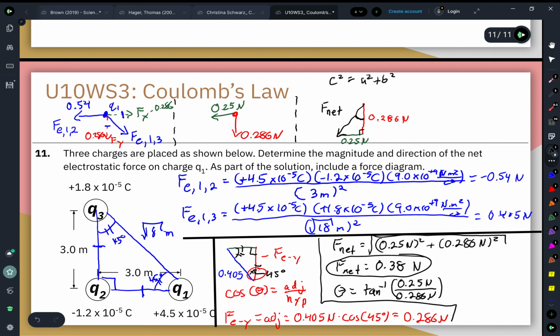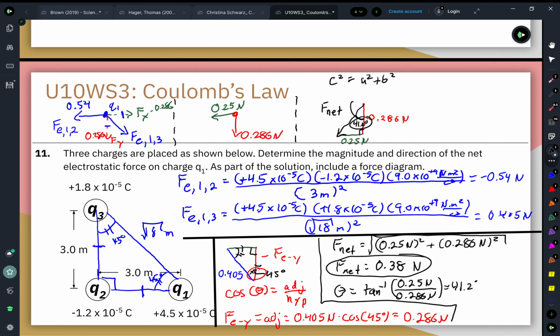When I grab a calculator, 0.25 divided by 0.286 is 0.874. And then the inverse tangent of that would give me 41.2 degrees. Well, that's 41.2 degrees for this angle right here. But that is going to be some angle beneath that. So I can do 90 minus that 41.2.